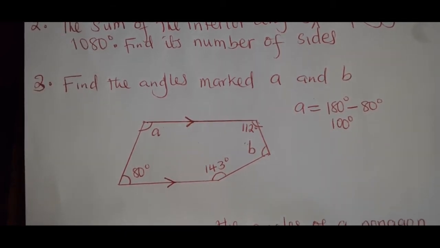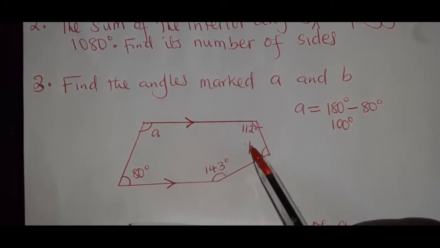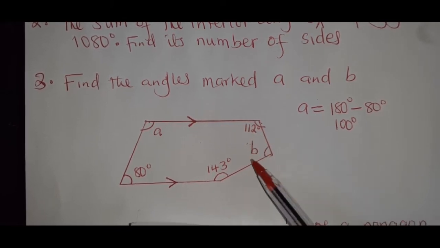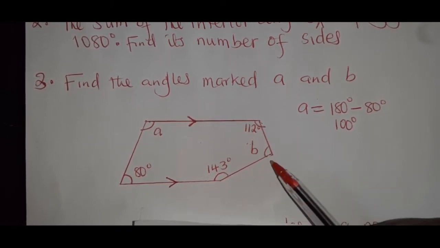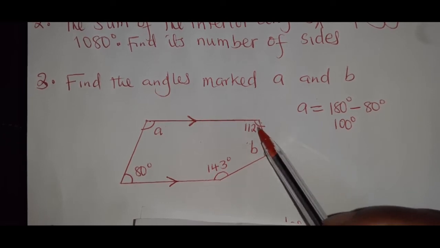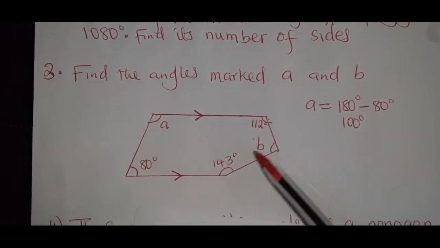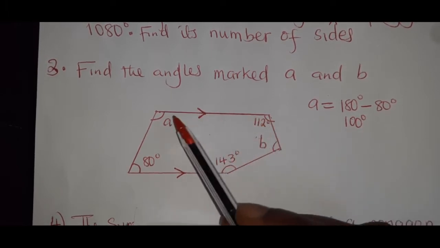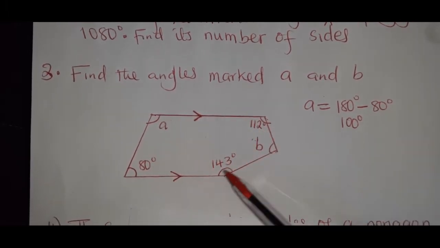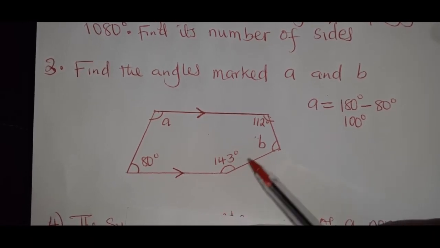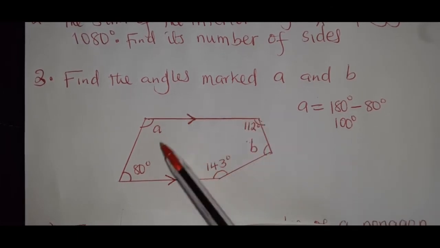Now, after that, we need to come to B. How do we find B? To find B, we need to know the sum of the interior angles here. Please follow me. To find the sum of the interior angles, you need to know how many sides this polygon has.